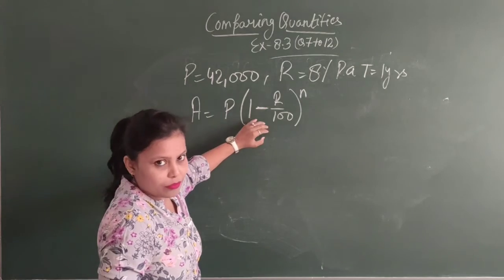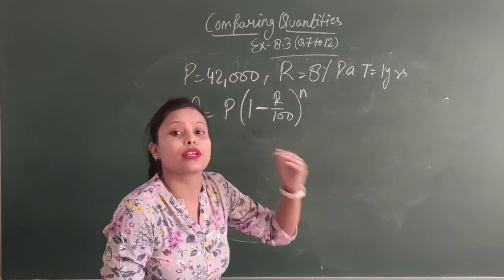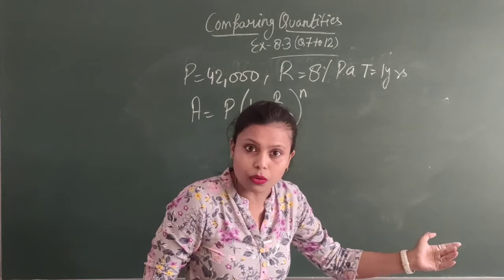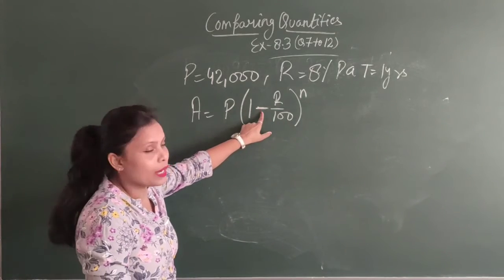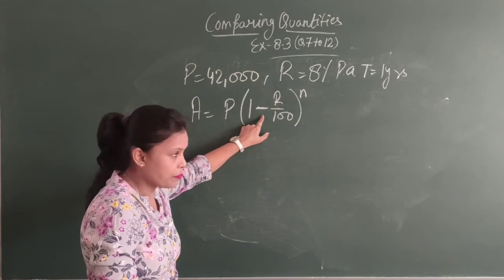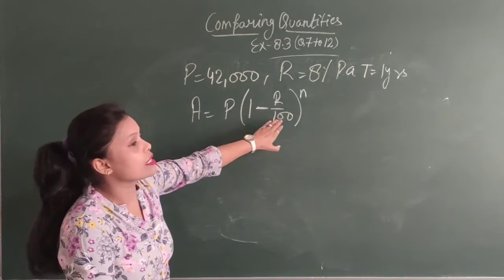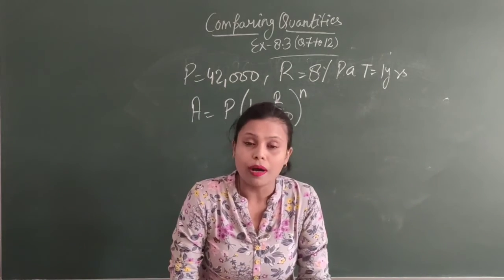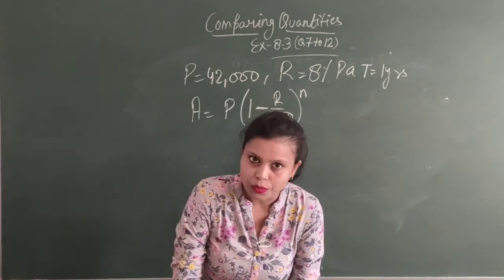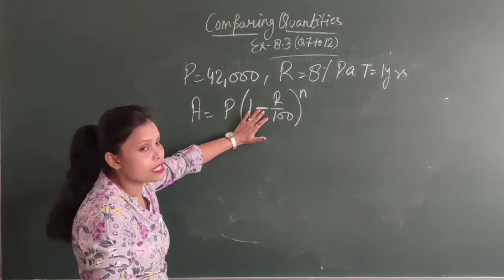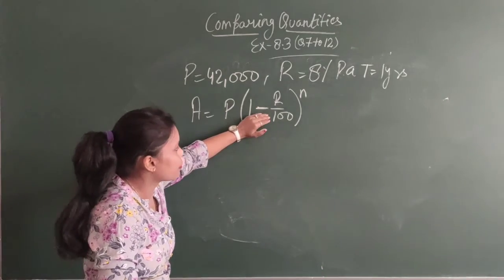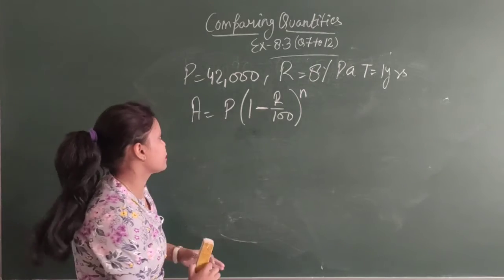Whenever we find the interest, the increase in amount, we put plus here, addition here. But whenever there is talk about depreciation, we will decrease the rate. We will subtract the rate. Okay, let's do the question.